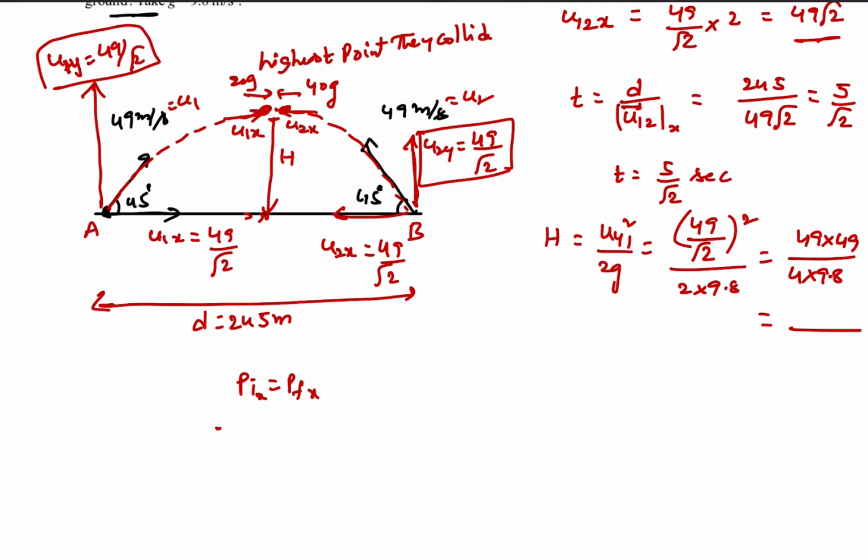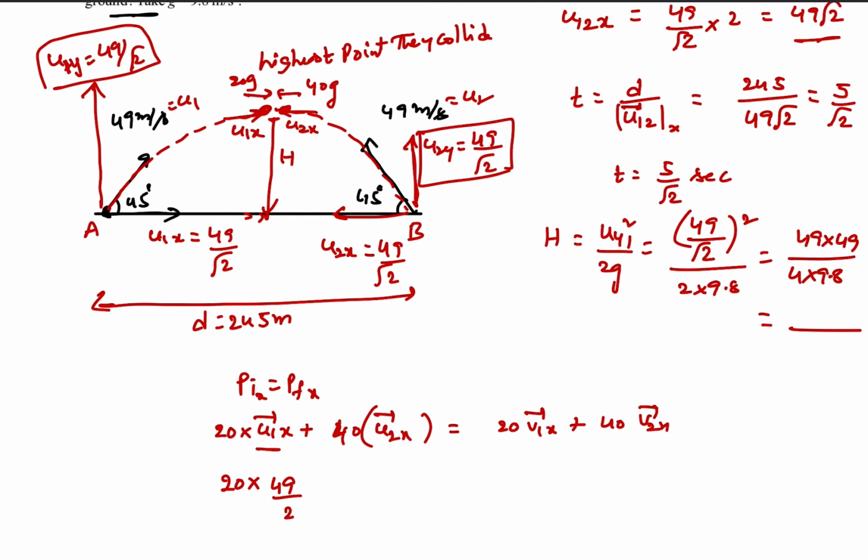Okay, initial momentum along the x-axis is equal to final momentum along the x-axis. 20 into u1x bar plus 40 into u2x bar is equal to, finally, 20 into v1x bar plus 40 into v2x bar. Whatever the first ball has, u1x, you can write 20 into u1x value, which is 49 divided by root 2 i cap.